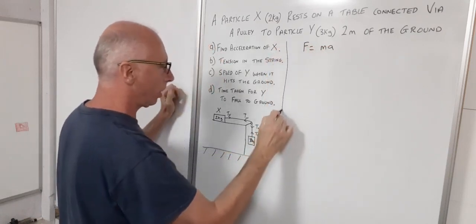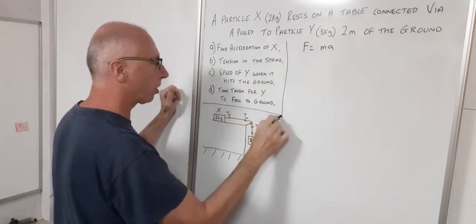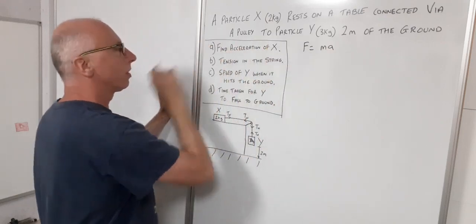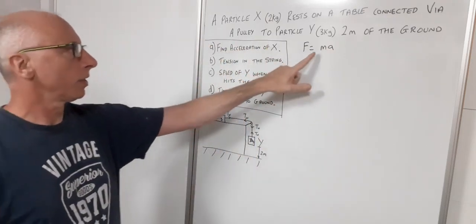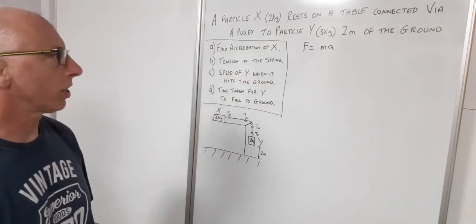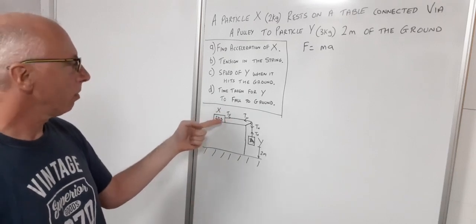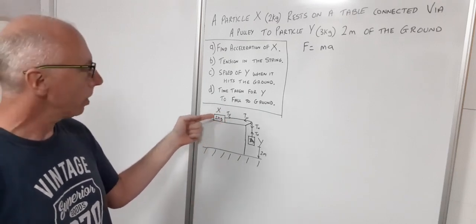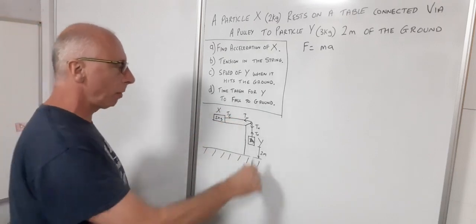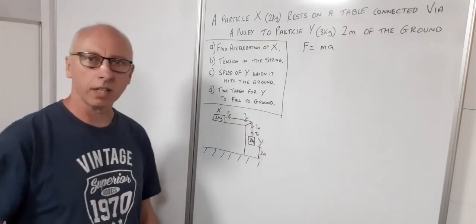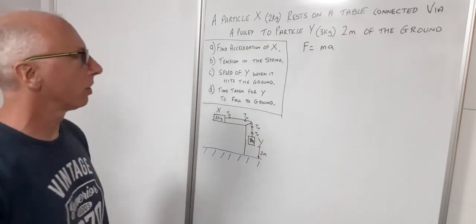Now I'm going to put these questions here in a nice little box so I don't write over those. Force equals mass times acceleration. Now that will be for the particle X, we need to resolve for this one going in this direction and for particle Y resolving in the vertically down direction.